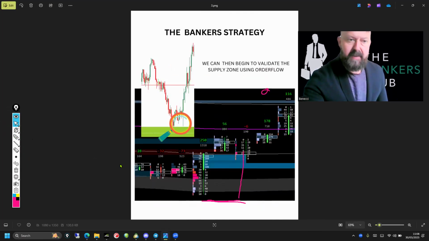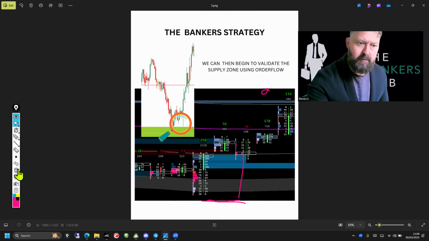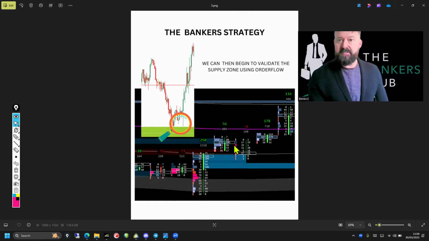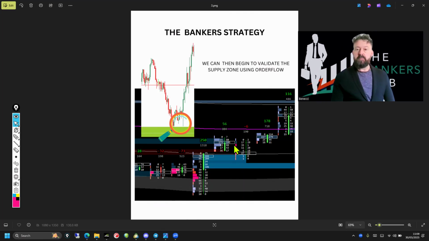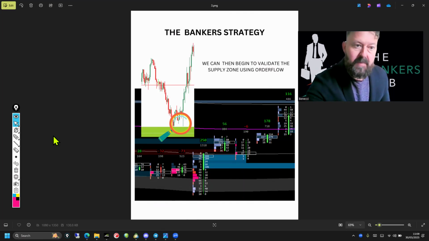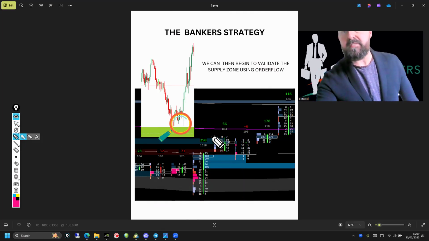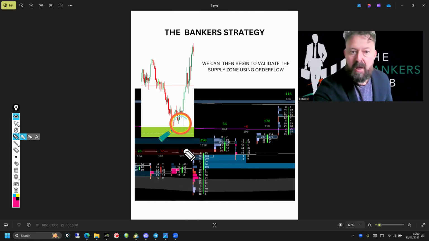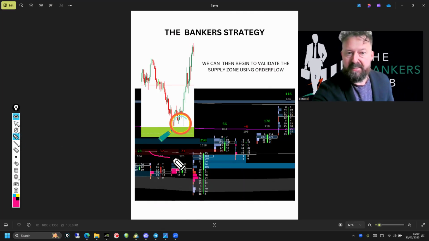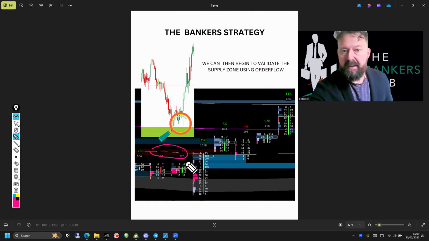So we're now on to something called the footprint chart, which analyzes the order flow, the transactions taking place in real time between the buyers and the sellers. Now, I won't go into too much detail. I'll try and keep it as easy to understand as possible. Basically, we had these red numbers selling, coming into the area of interest, which was that green box and that point of control.